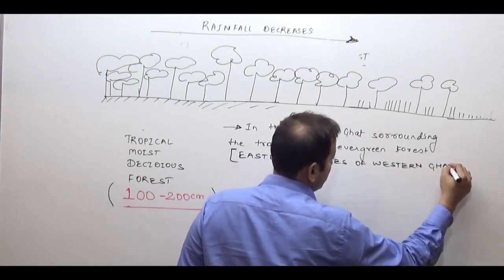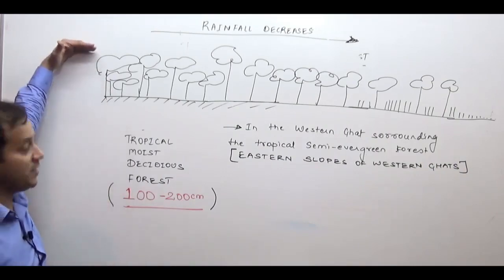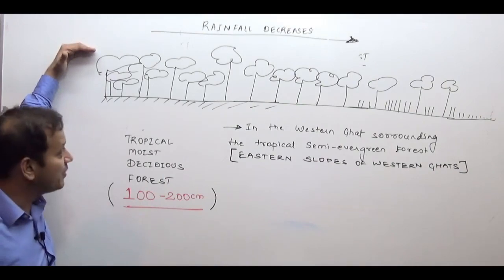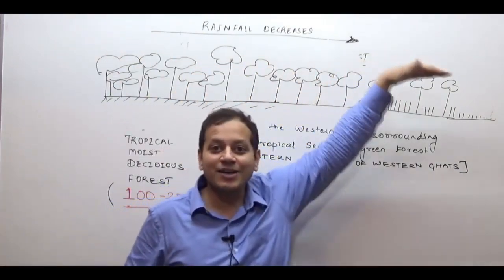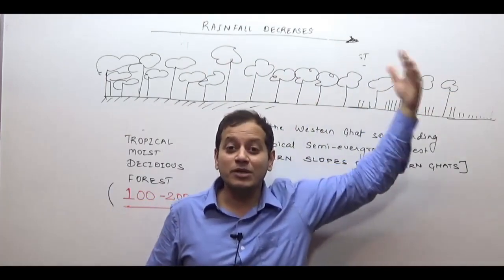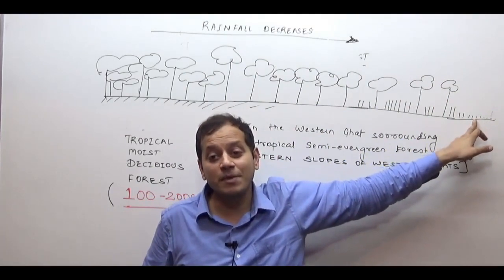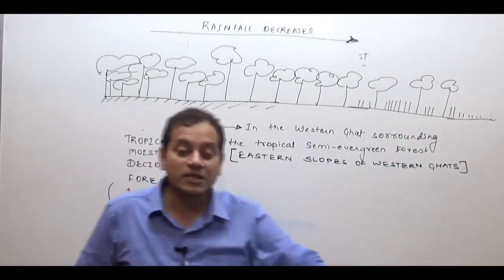So in terms of the Western Ghats, you can see initially on the western slope, tropical evergreen, semi-evergreen, deciduous, dry deciduous, and in the rain shadow region of the Western Ghat, you have a drought-prone area, that is a tropical thorn forest. This is how the transition is occurring in the Western Ghat region.